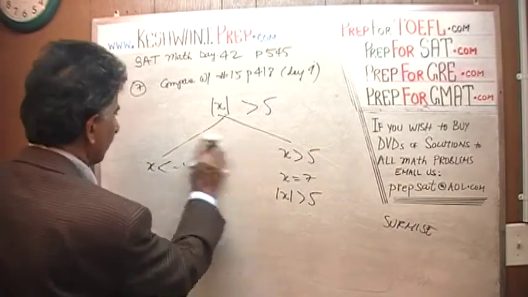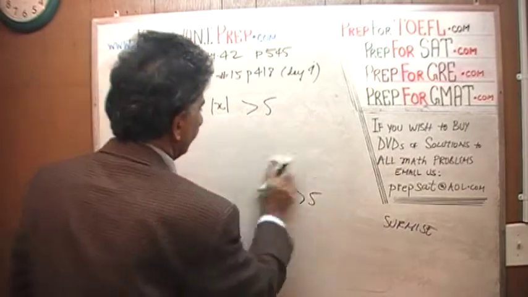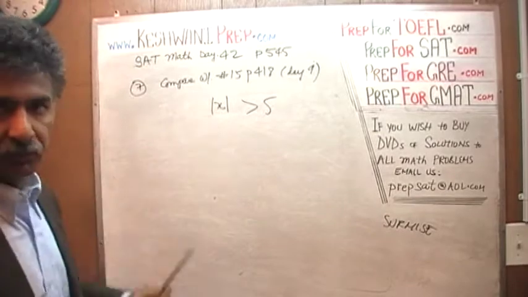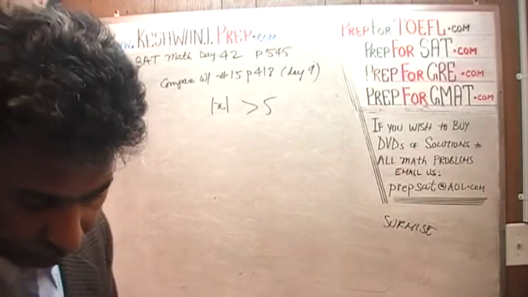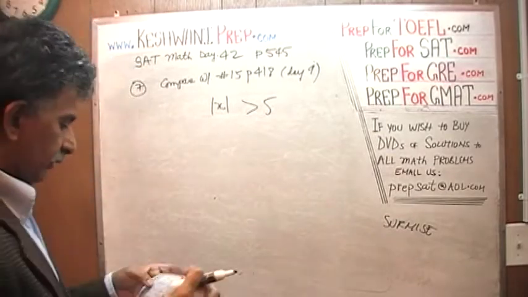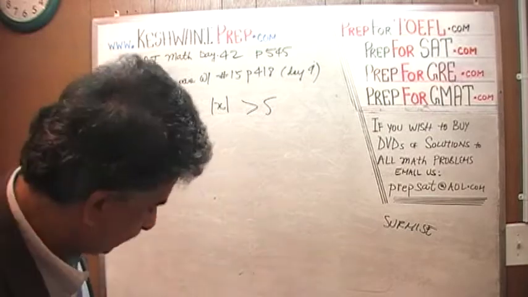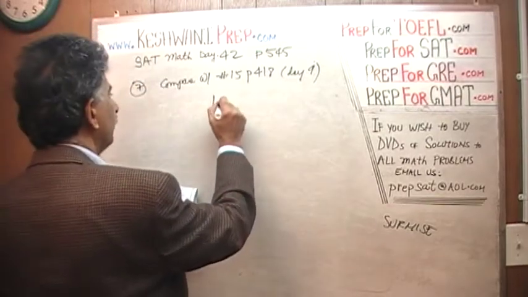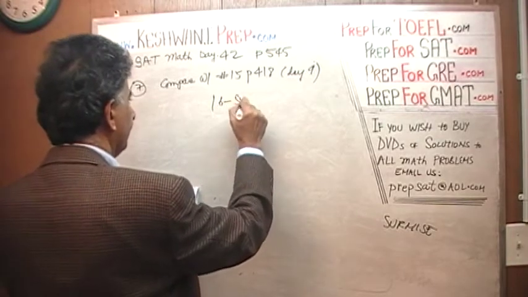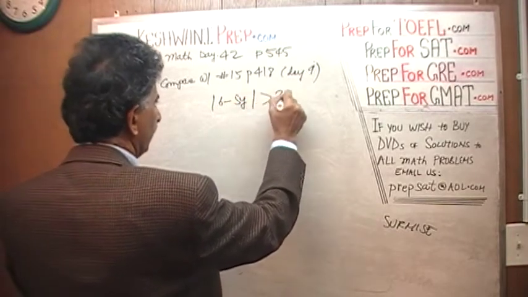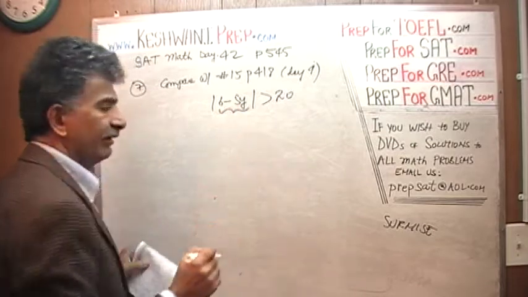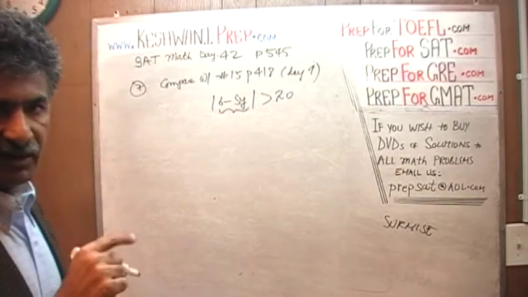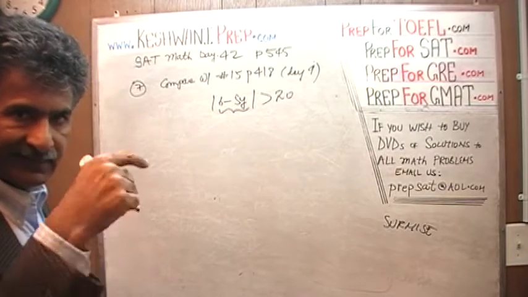Exact same thing is going on here. Make sure you watch that video so that you have some more understanding of the concept. Here we are told that the absolute value of 6 minus 5y is more than 20. Think of this 6 minus 5y as your x, which means x is either more than 20 or x is less than -20.